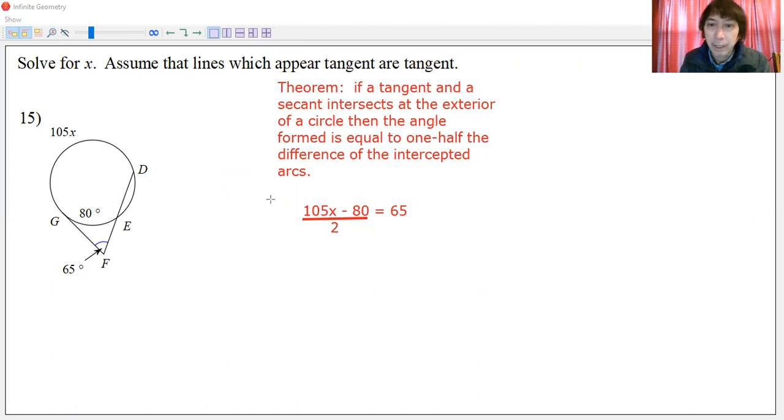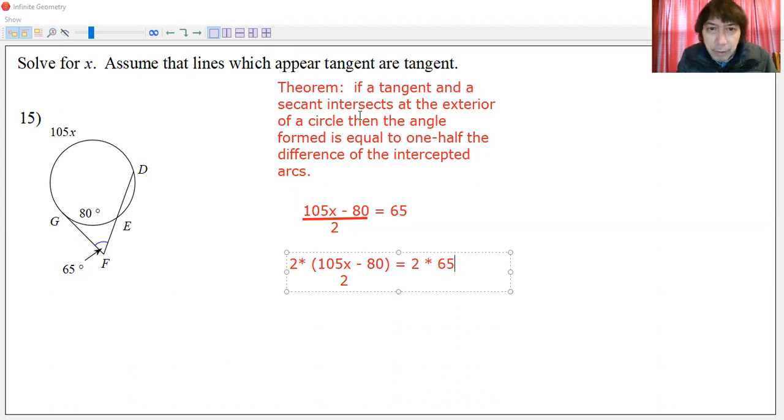And we're asked to find x only. So we shall begin by multiplying both sides by 2. So we will just rewrite this with multiplication by 2. So 2 times 105x minus 80, divided by 2, equates to 2 times 65.